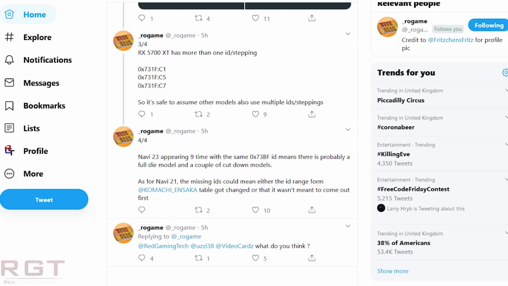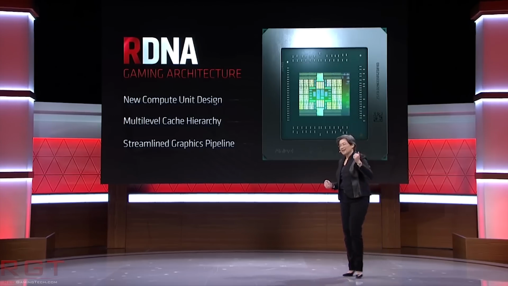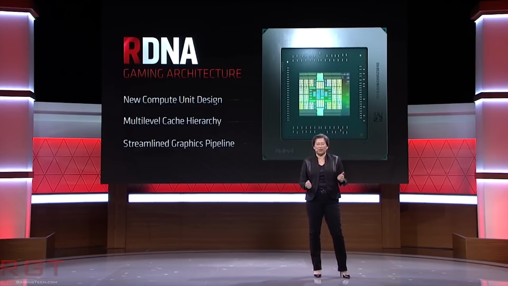So let's say 80 compute units, and then there will be derivatives with lower numbers of compute units. So obviously this will be based upon yields. This is an example, but we could see 80 compute units, 72 compute units, and 64 compute units, but they are still utilizing the same core. It's just cut down if we have defective compute units or other parts of the GPU while it's being built, which is obviously very similar to how you would expect.